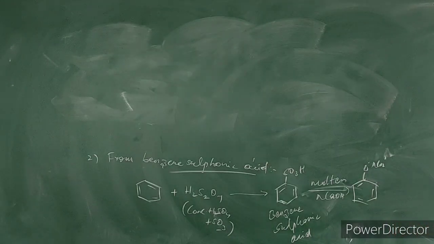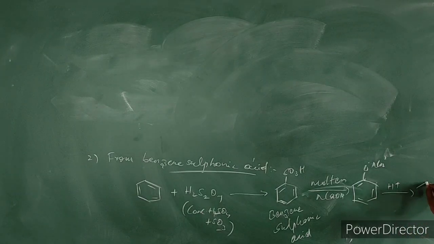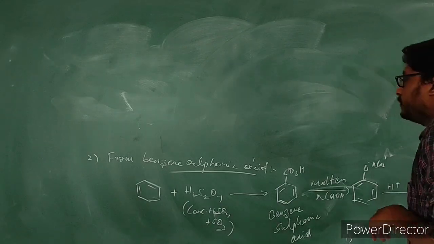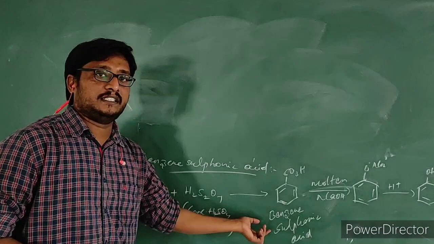This, on reaction with H+, nothing but an acid, produces phenol. So this is the preparation of phenol from benzene sulfonic acid.